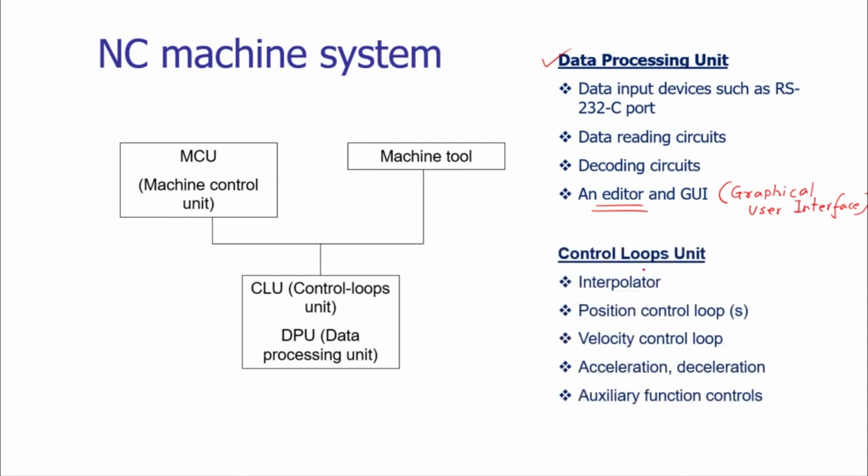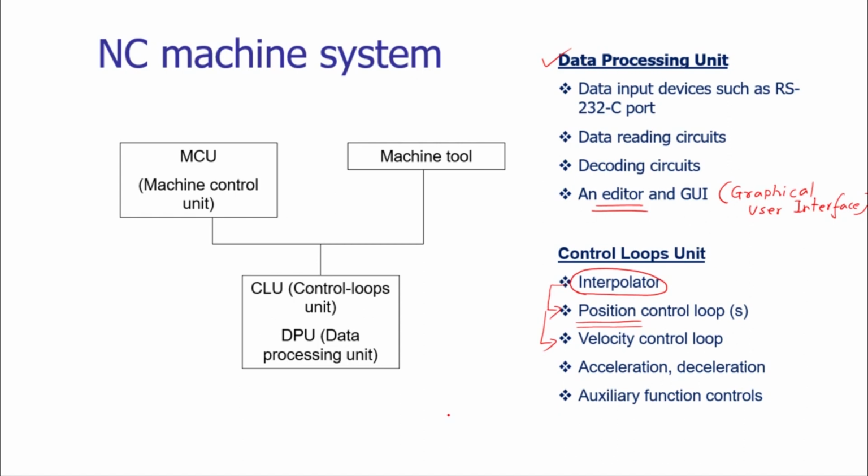The control loop unit has an interpolator algorithm, and that interpolator algorithm generates the signals that are to be given to the position control loop. Based upon the distances and locations provided in the CNC part program, the interpolator will generate the signals, and those signals are given to the position control loop and the velocity control loop.